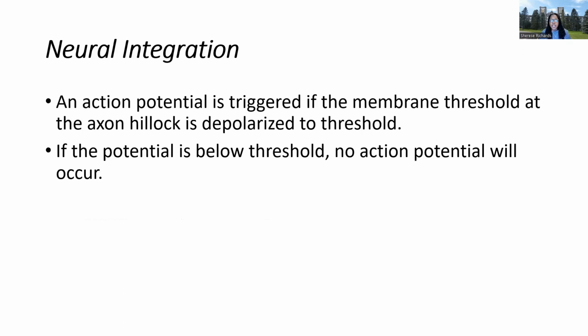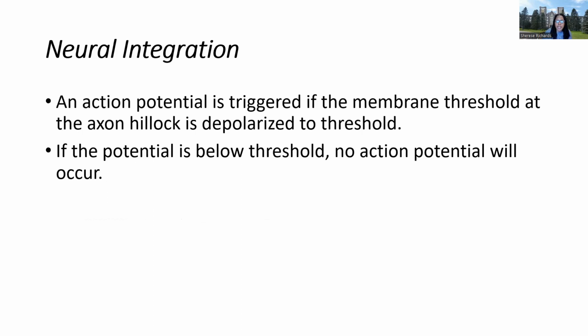So an action potential is triggered if the membrane potential threshold at the axon hillock is depolarized enough to get us to threshold. So if the potential does not get us to threshold, there will be no action potential. And as we said earlier, even if we have a graded potential that's greater than threshold, it will still be that same action potential in terms of magnitude and amplitude.